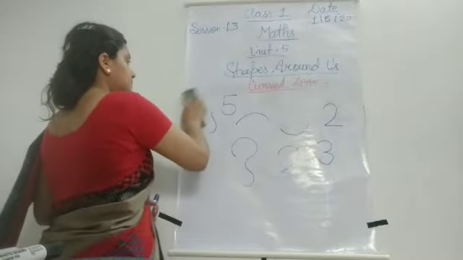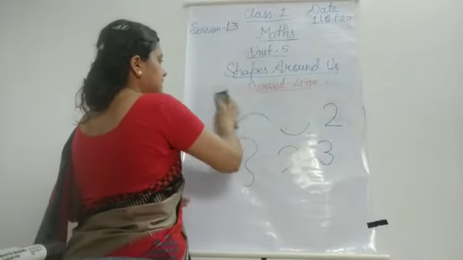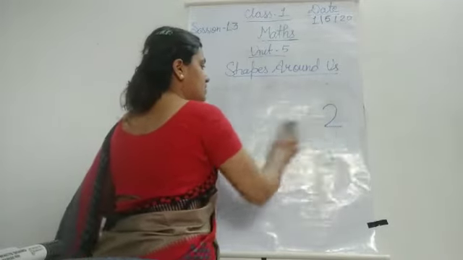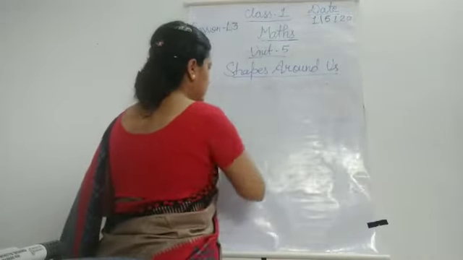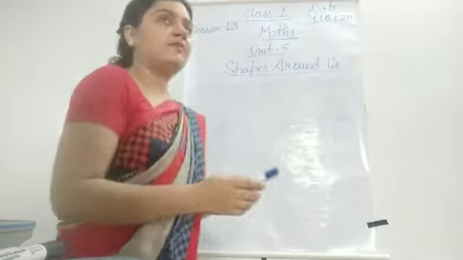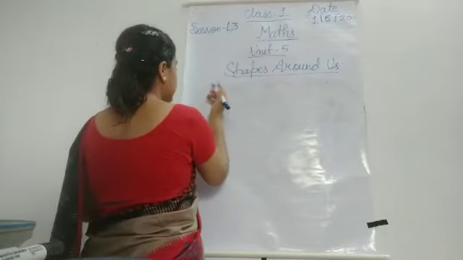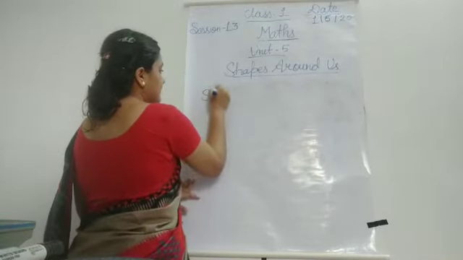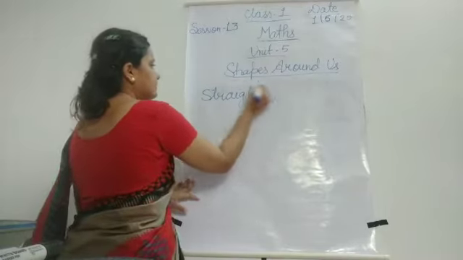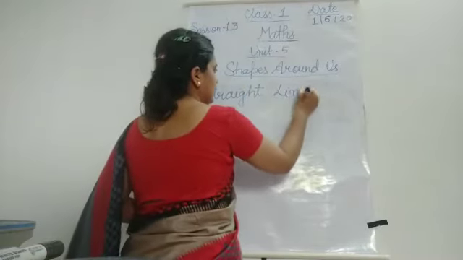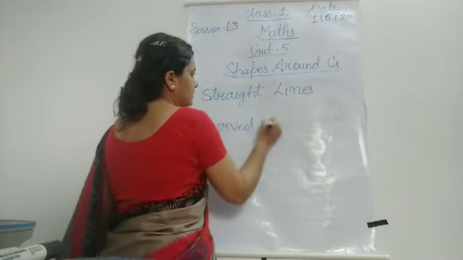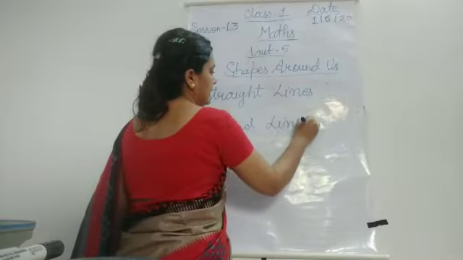In this chapter we read about two types of line. The first type is the straight line, and the second is curved lines.